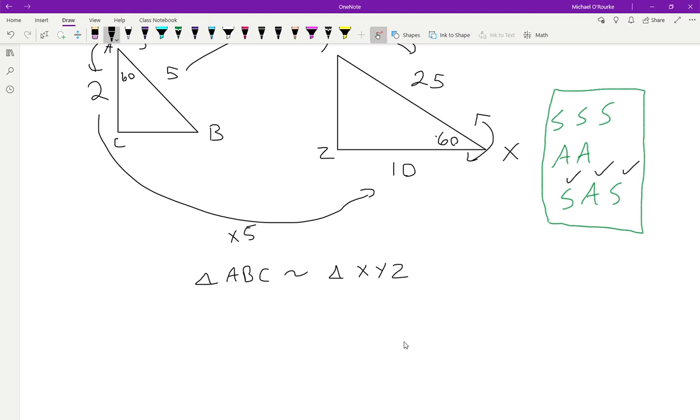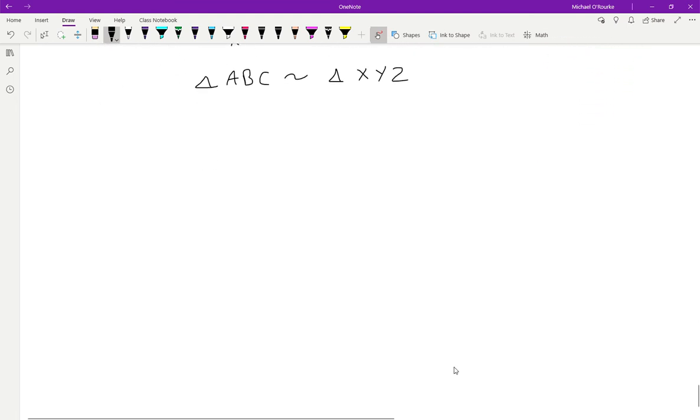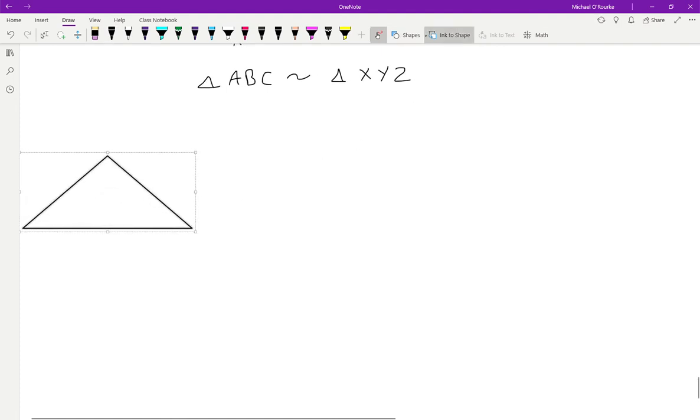Okay. I'm going to draw one out here, then I'm going to try to let you label it. Let's just do this for my triangle. One triangle and two triangles.